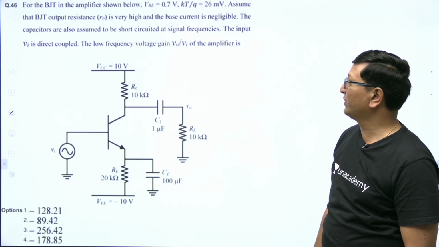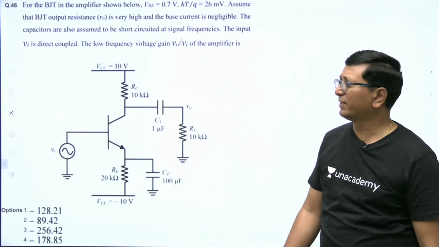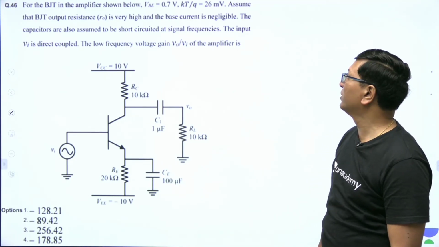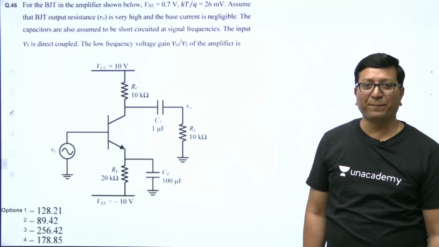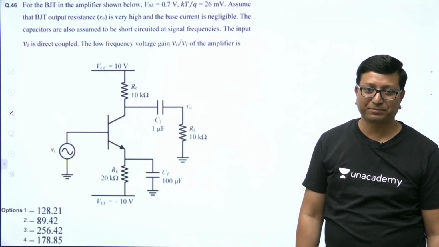The input voltage is directly coupled. Okay, doesn't matter. The low frequency voltage gain Vout by Vi of the amplifier is. What is the gain of the amplifier circuit, they are asking.